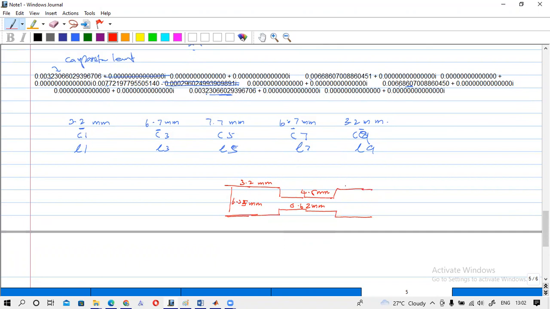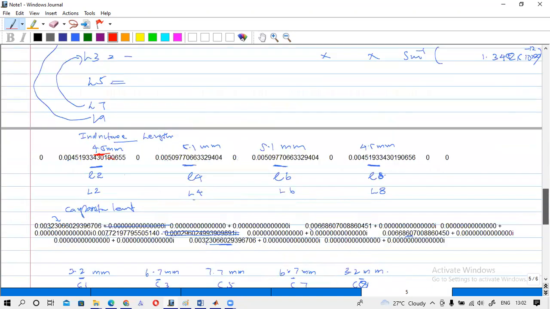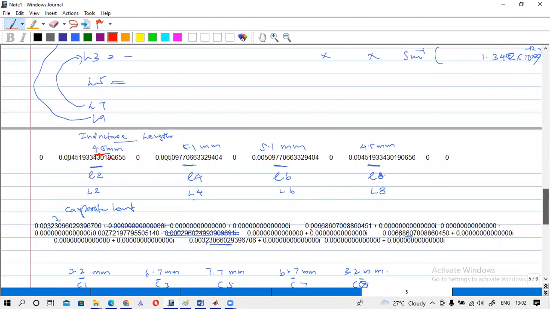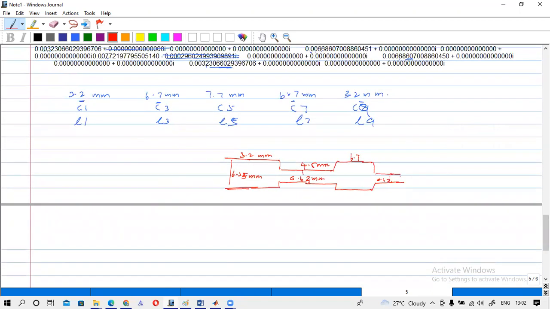What is the length here? It is 6.7 millimeter. And you have an inductor again, that is again 0.62 millimeter width. And the length should be 5.1 millimeter.